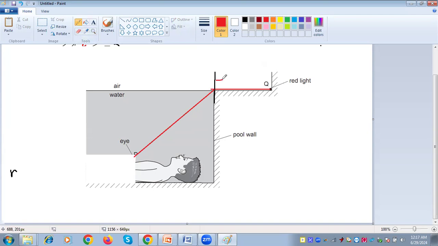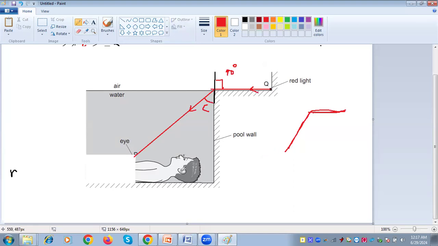This is 90 degrees. Reversibility: a ray from the denser medium, when it enters at critical angle, refracts at 90 degrees. The ray coming at 90 degrees will refract at critical angle. At critical angle, it will become 90 in air, and coming through air at 90 will refract in the denser medium at critical angle.